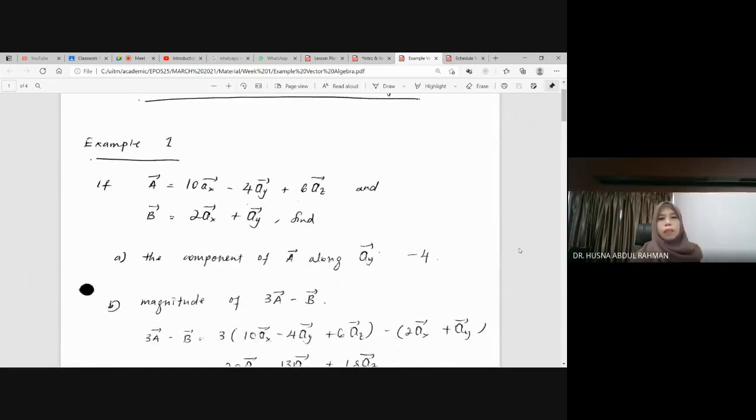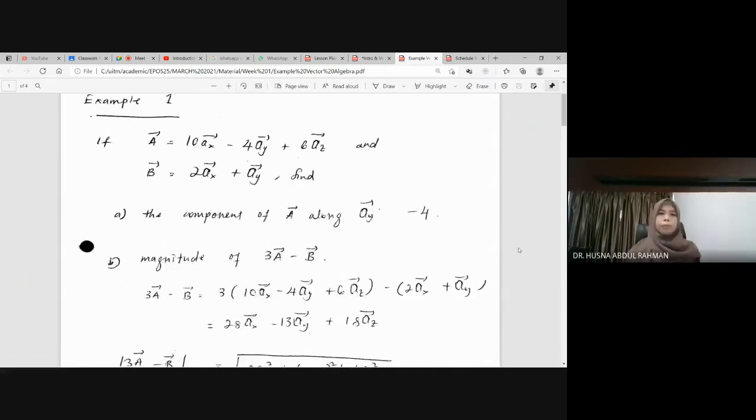If we have two vectors, vector A and vector B. Vector A is equal to 10ax minus 4ay plus 6az, and the second vector B is equal to 2ax plus ay. Find the component of vector A along ay.